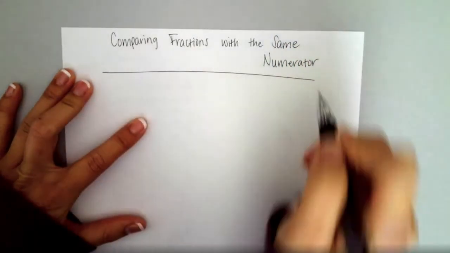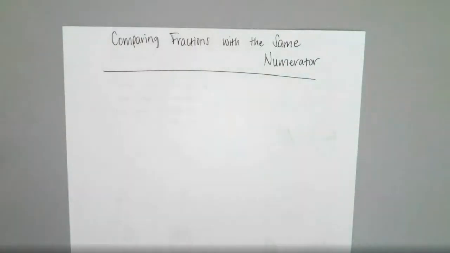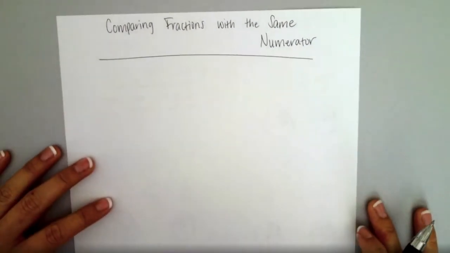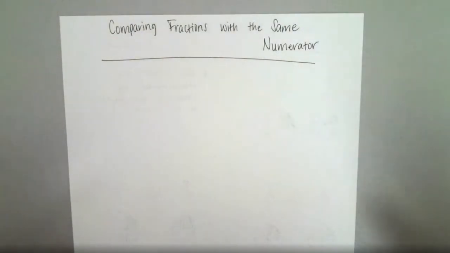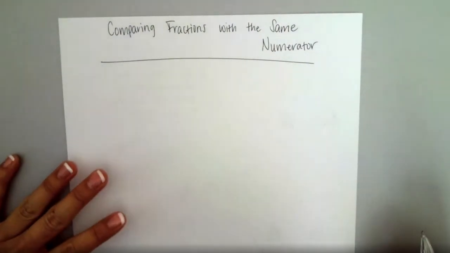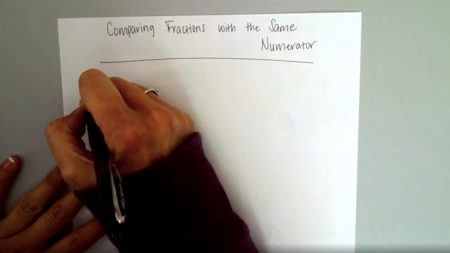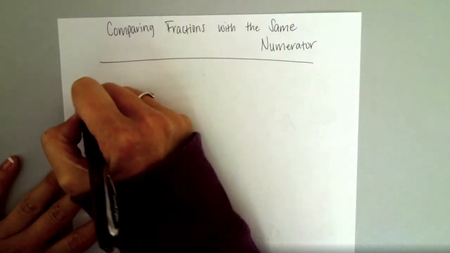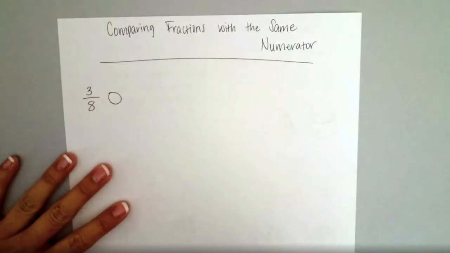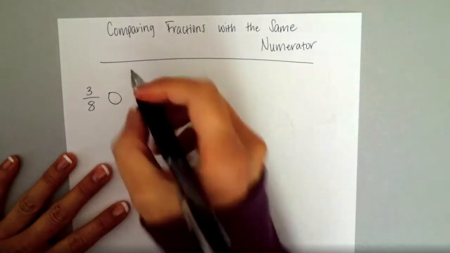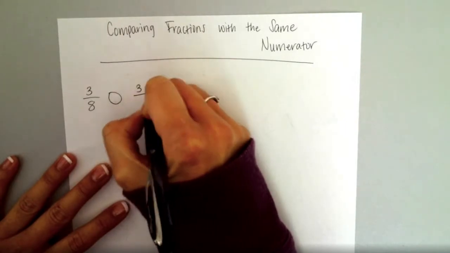Alright, so yesterday we talked about one strategy of being able to visualize it and being able to see it. So let's just pretend I have the fraction 3/8 is greater than, less than, or equal to 3/4.